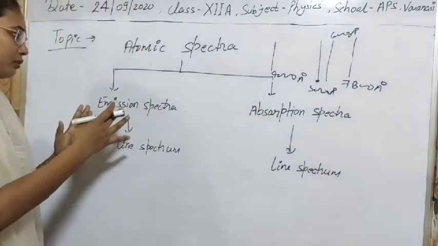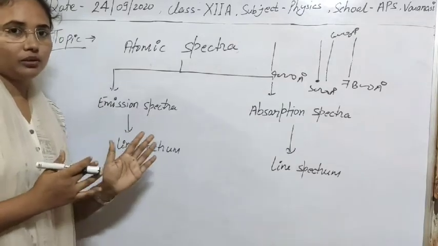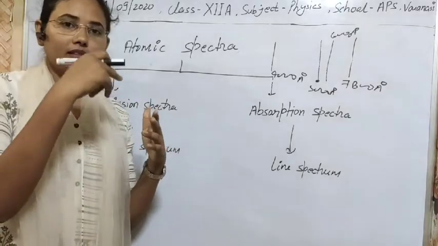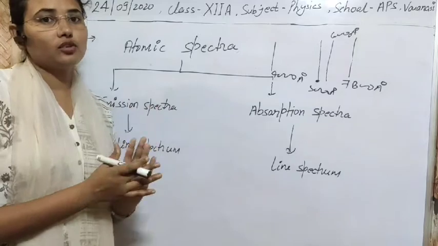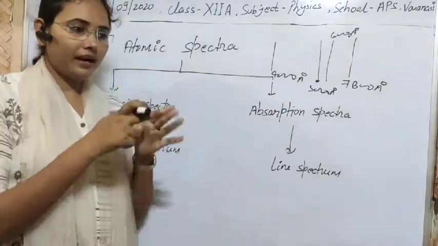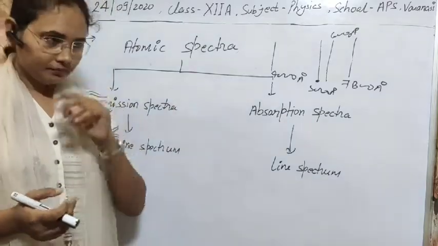Also, they are of two types, line spectra and band spectra. I've already told you what is line spectra. If there is some definite wavelength and they are separated by some distance, then that is called line spectra. And if a continuous band of spectra is obtained, then it's called band spectra.